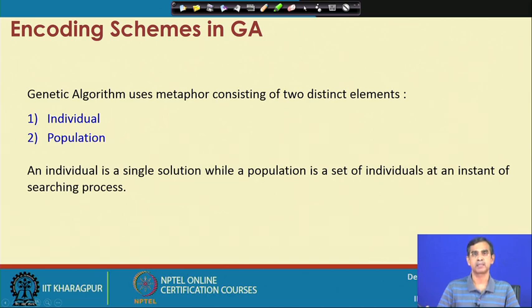So, population is a set of individuals, and individual is a particular solution. At any instant of the searching process for the best solution, the set of solutions is the population at that instant.